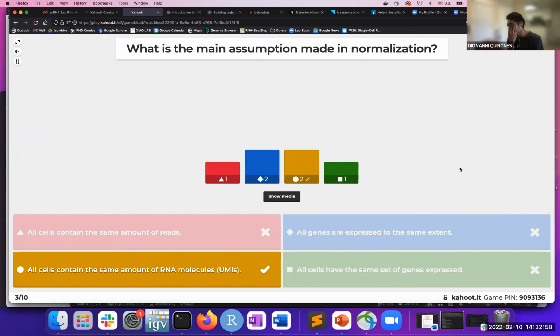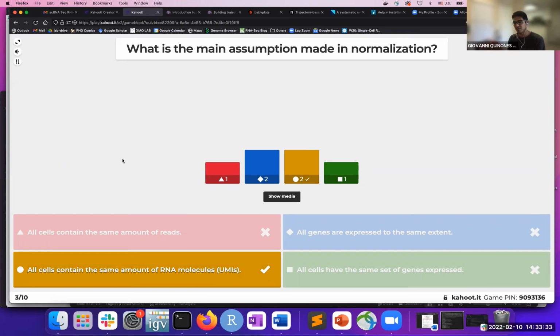Okay, this one wasn't so clear either. So the assumption that is being made in normalization is that all cells contain the same amount of RNA molecules. Like I mentioned before, our normalized unit of expression is CPM, and CPM represents the proportion of RNA molecules that a certain gene is using.